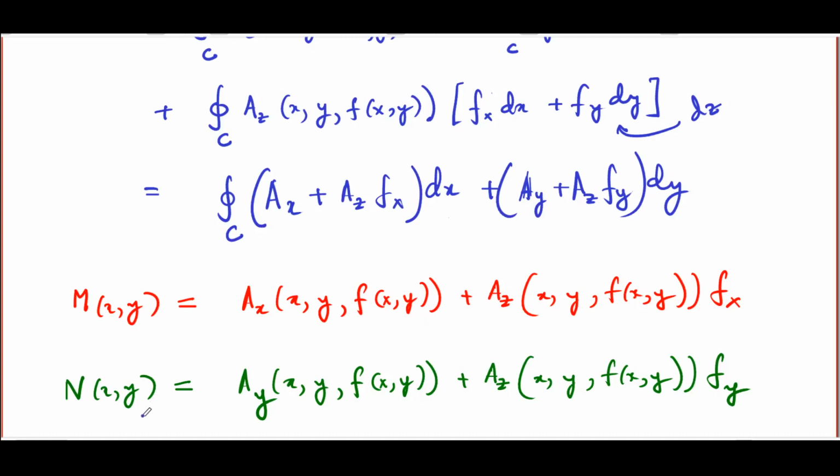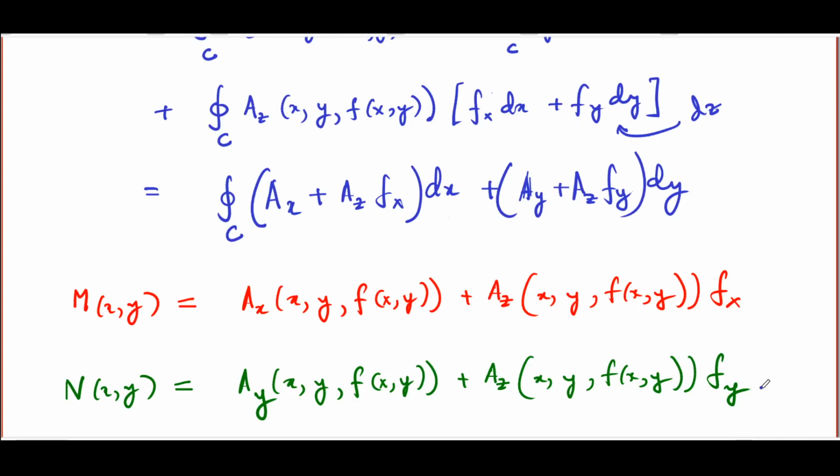And n of xy, this coefficient, is simply given by ay with arguments x, y, f of xy, plus az with arguments x, y, f of xy times the derivative del f del y. Now I'm being a bit explicit about every argument. Maybe that's a bit boring to hear, but it's going to be very important in what follows.